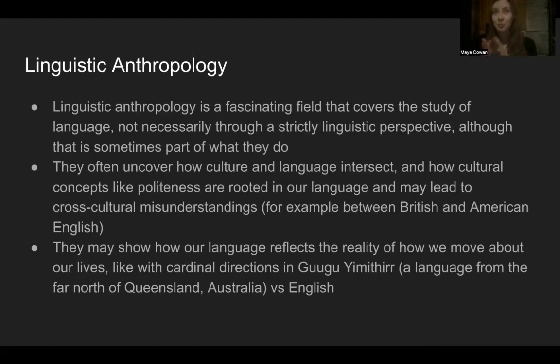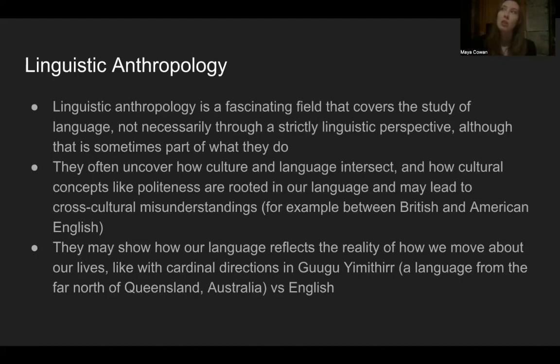So you might say, okay, you're going north from here, or the store is on the south side of Princess Street, or okay, I think we need to turn east at the next corner. But with this language, Gugu Yimithir, their cardinal directions are actually quite a bit more specific. And so it might reflect the reality that people just need to be more specific in their directions in this language.